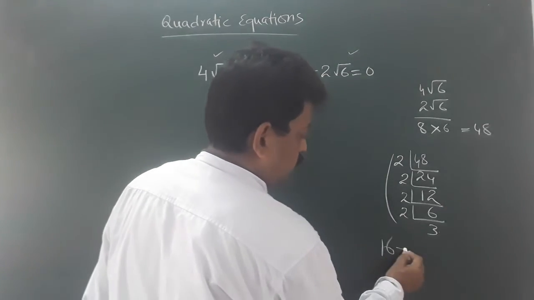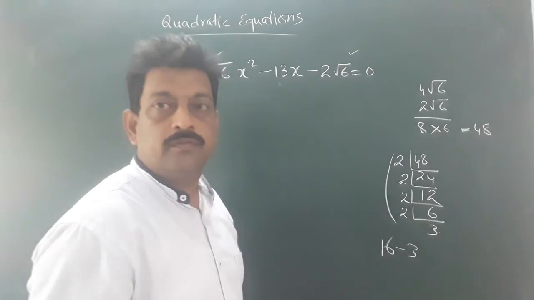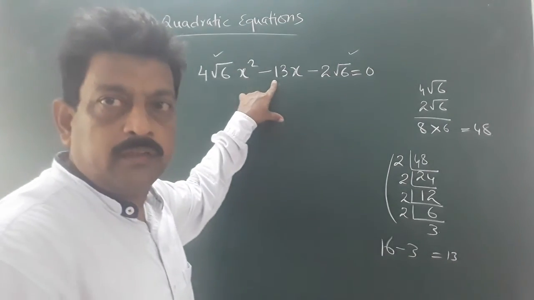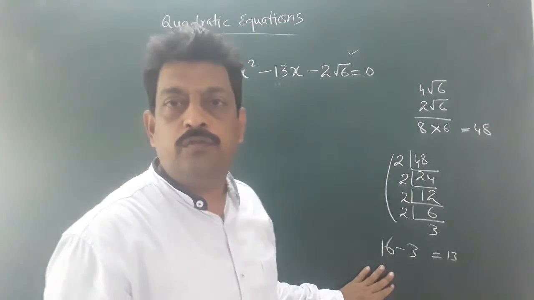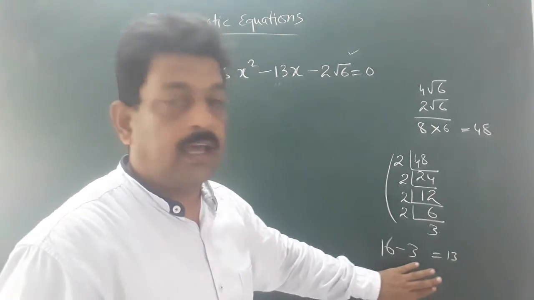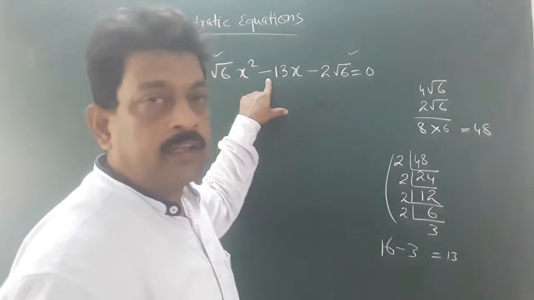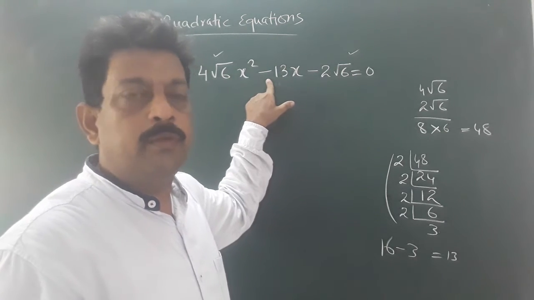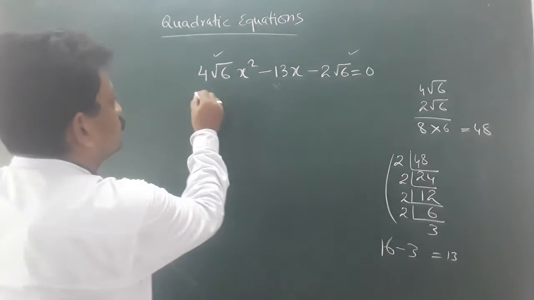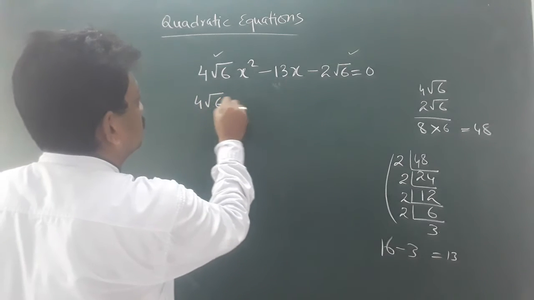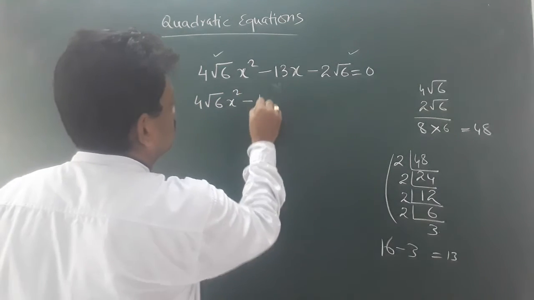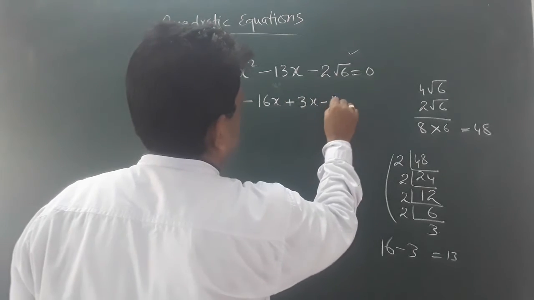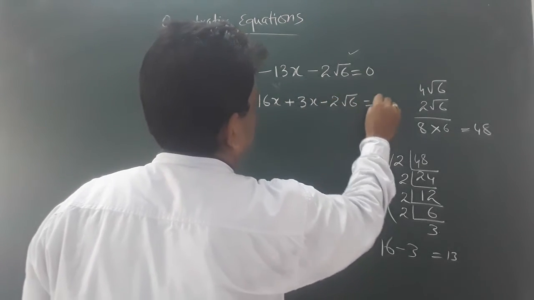And 3 is left alone. So 16 minus 3 is how much? 13, and that is what we have to make. So we have got the two factors as 16 and 3. Now here it is minus sign, means 16 will be negative and 3 will be positive. So 4 root 6 x square minus 16x plus 3x minus 2 root 6 equals 0.